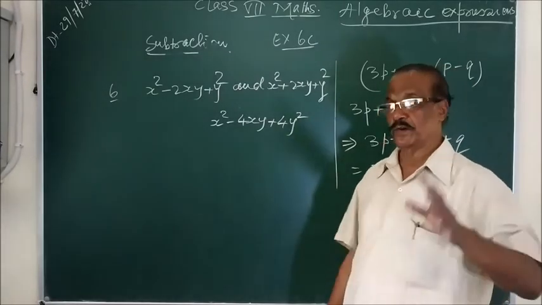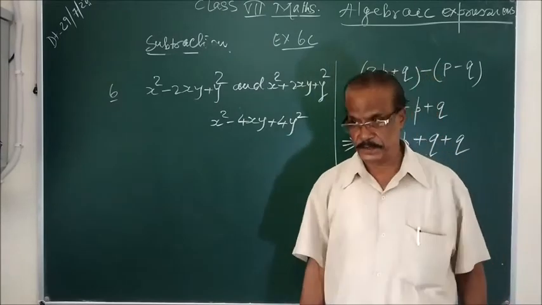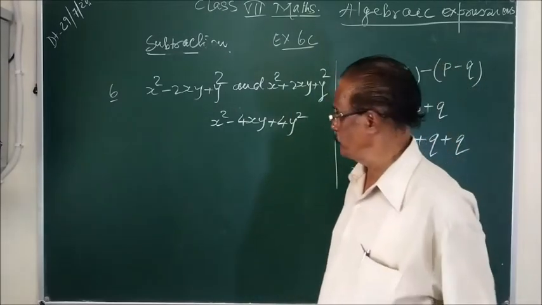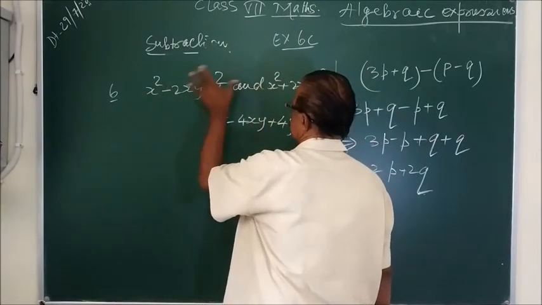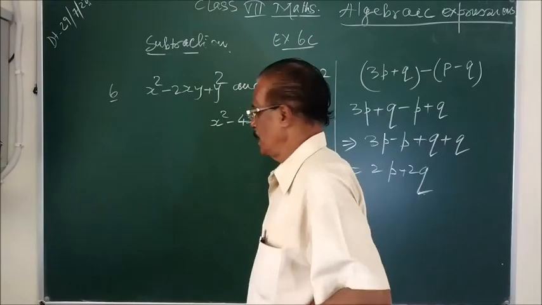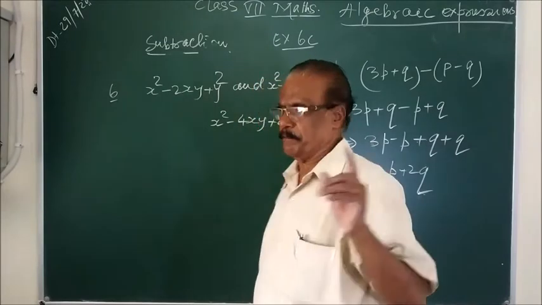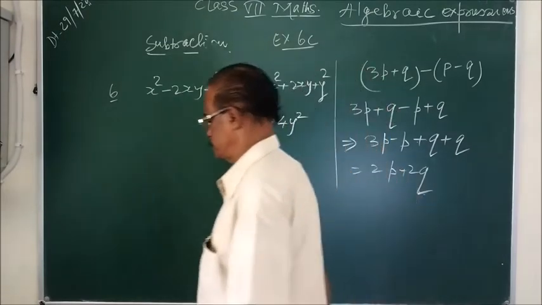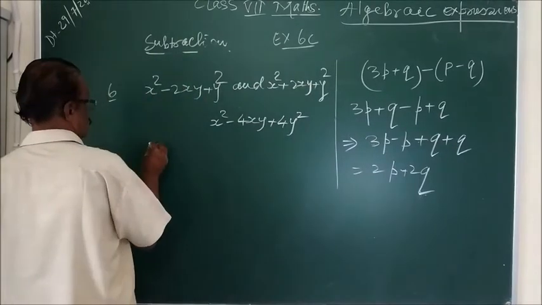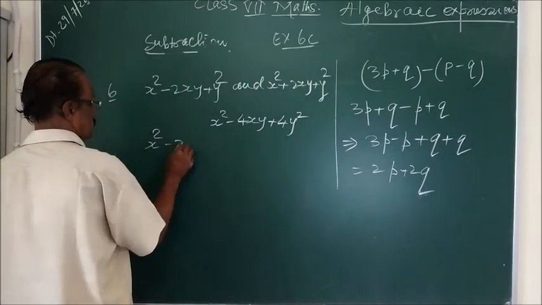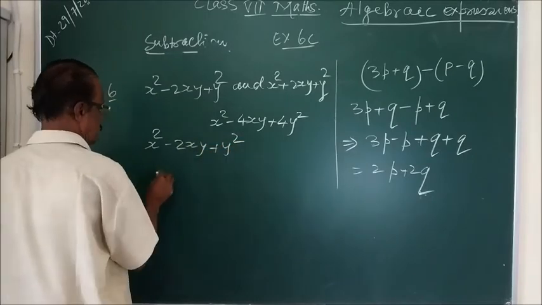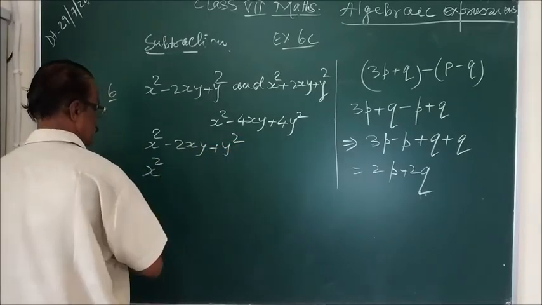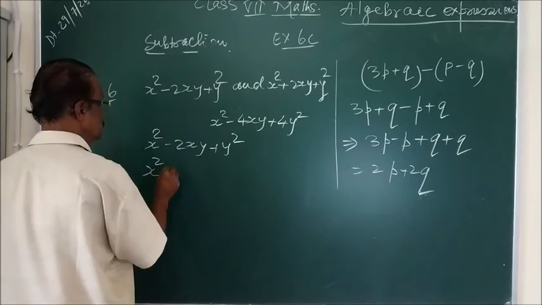इसका मतलब इसमें दो पार्ट है. There are two parts of the question. First is you have to find the sum, and then from that sum you subtract this trinomial. So now you see x squared minus 2xy plus y squared, and you have to add like terms should be in a column.